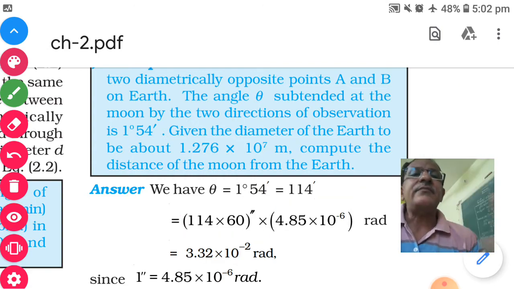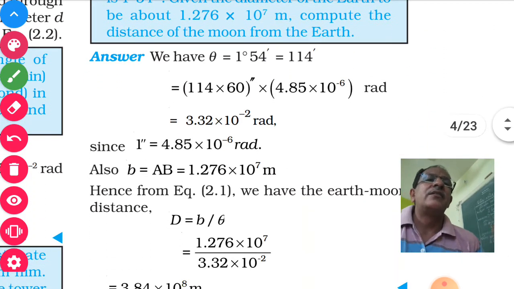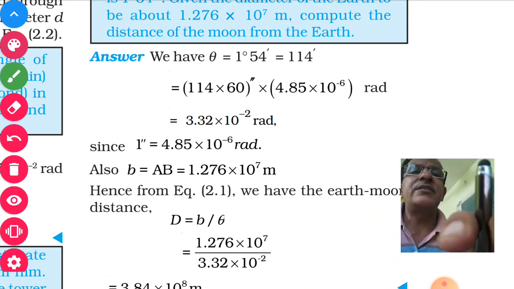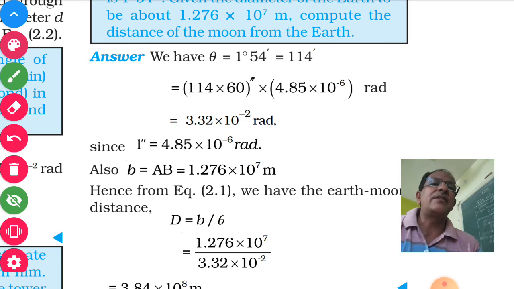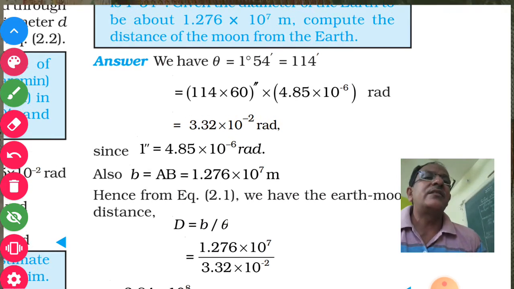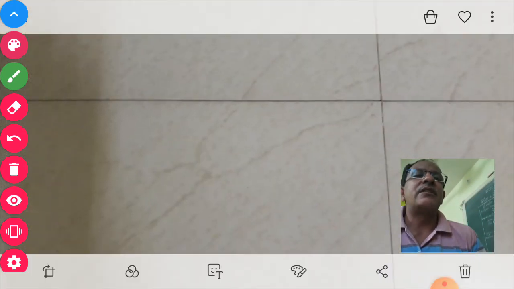Now we have small b, the distance between the diametrically opposite points. Yesterday we discussed it this way. You must know how to calculate it.